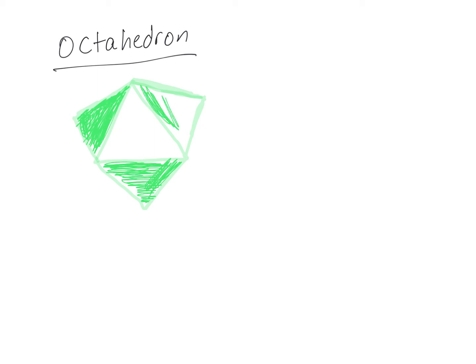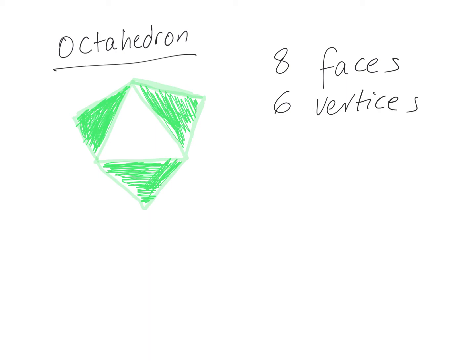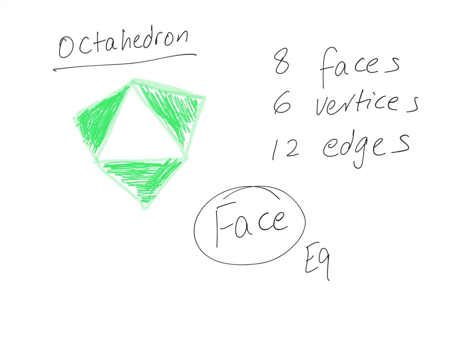The octahedron has 8 faces, 6 vertices, and 12 edges. So in this, the face is an equilateral triangle. So each face is an equilateral triangle.